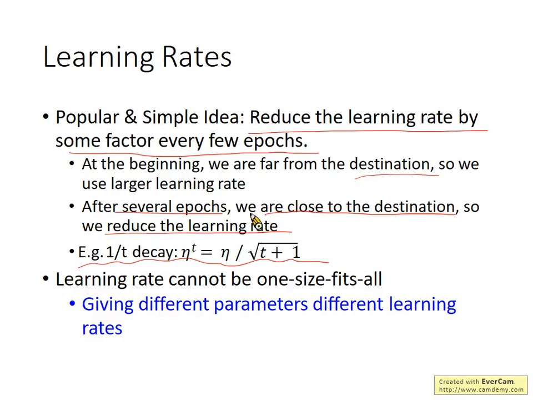This is one popular and simple way to adjust the learning rate. And we know that learning rate cannot be one size fits all, so different parameters should use different learning rates.